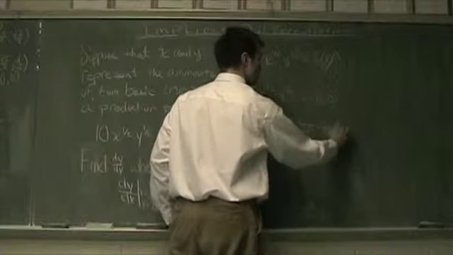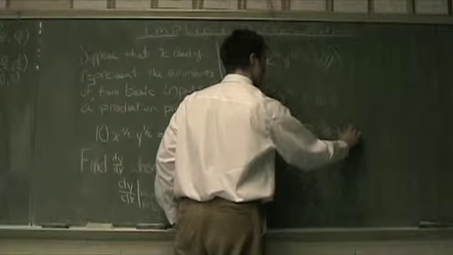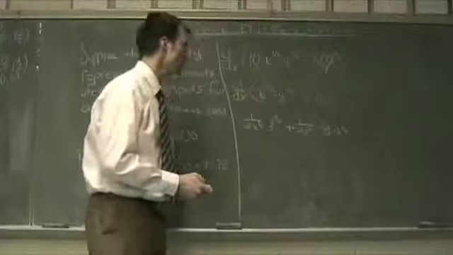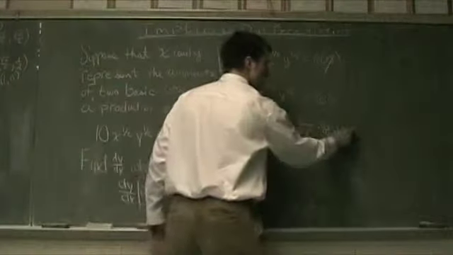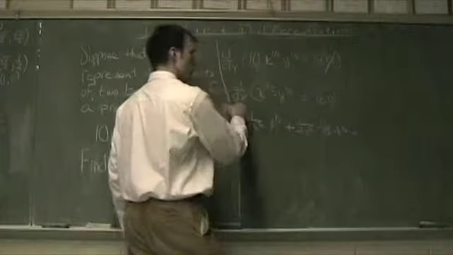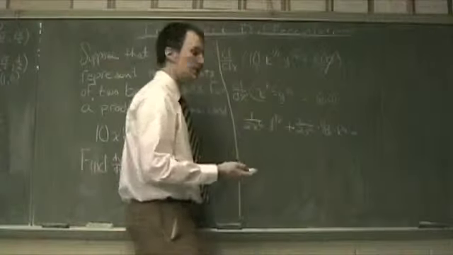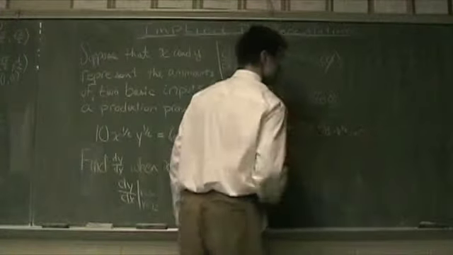And we're taking this whole thing times x to the 1/2 power. So all of this is set equal to the derivative with respect to x of 60, which is simply 0.